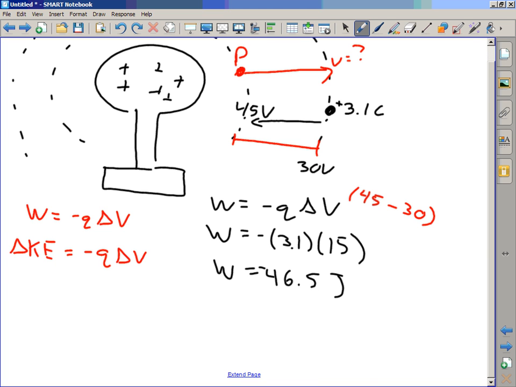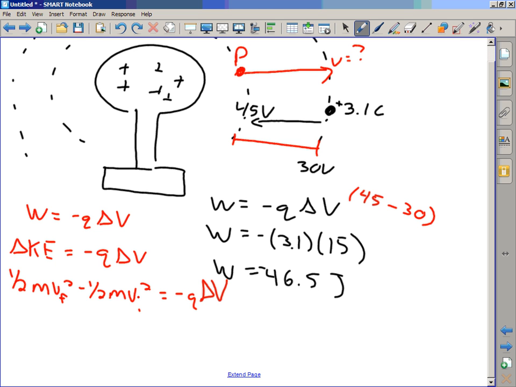So now, this is 1/2 m v final squared minus 1/2 m v initial squared equals negative Q delta V. Whenever you're doing this, I recommend making sure that the voltage is capitalized and the velocity is lowercase, so you don't get those two mixed up. That happens more often than you think.